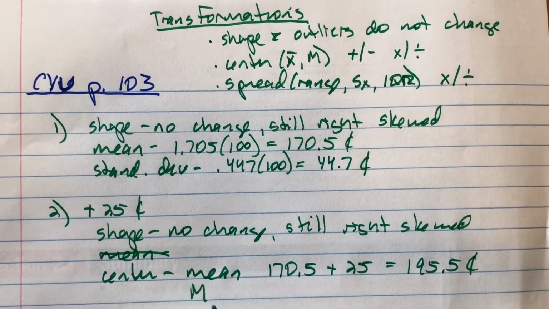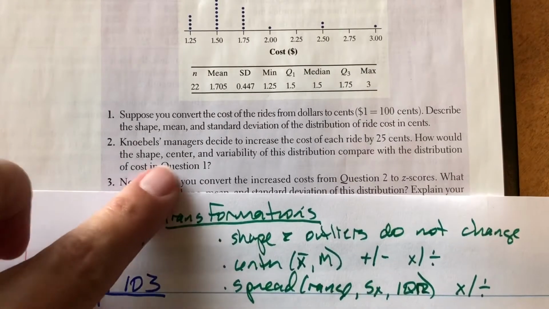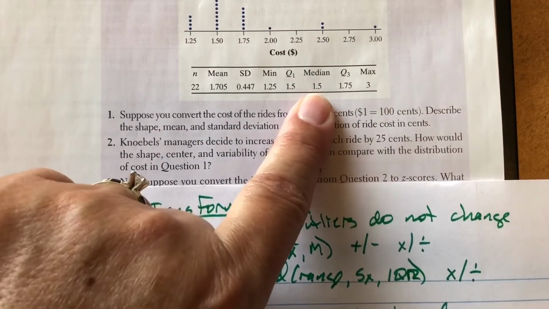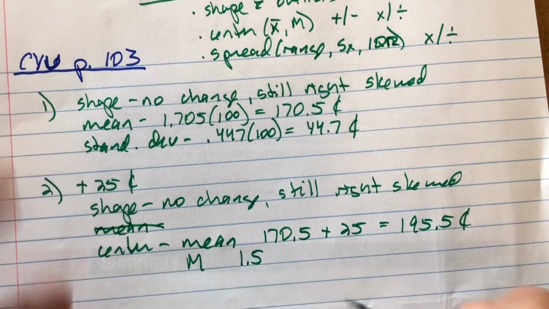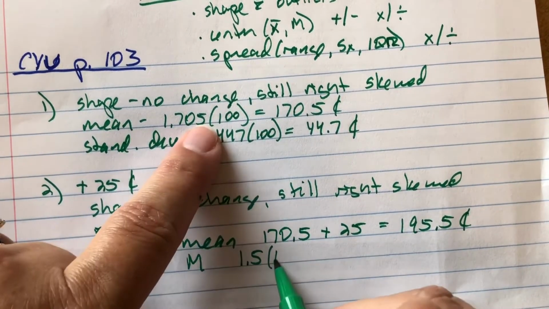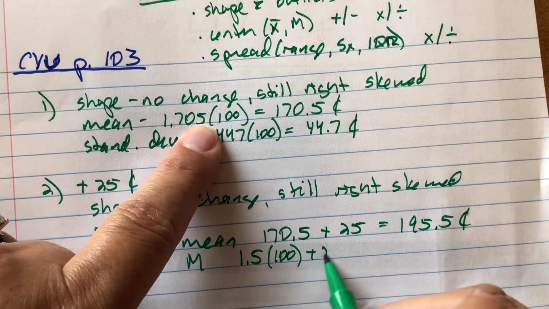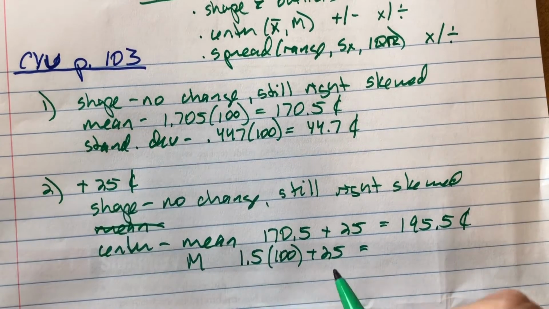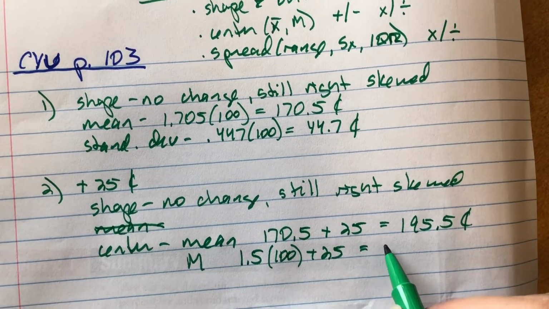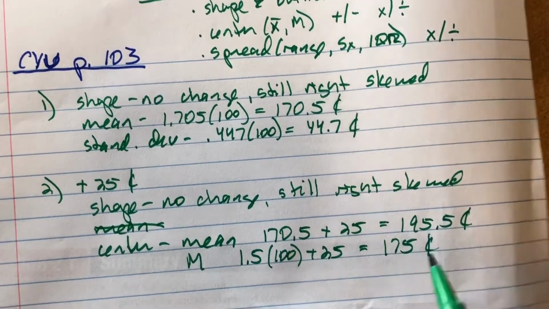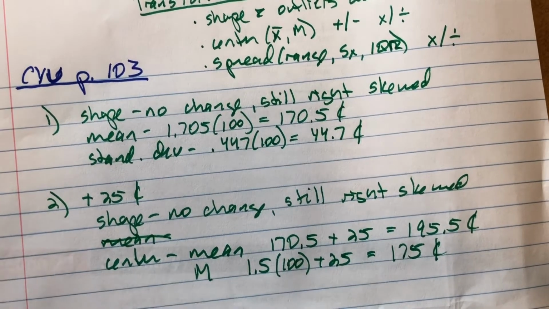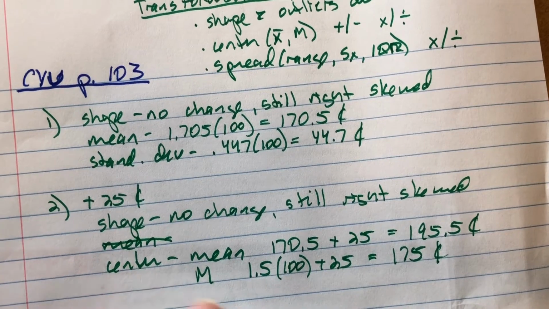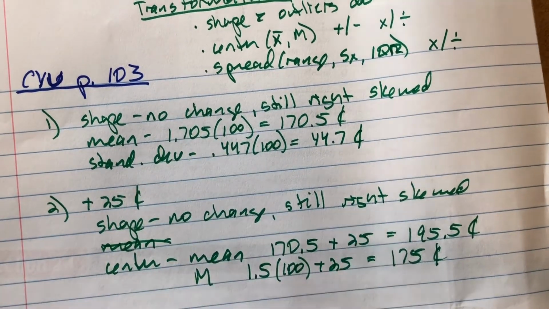If I did the median, since it says center, the median here is in dollars, so I would have to take $1.50, multiply it by 100 from the first one, and add 25. So what's that? 150 plus 25, so that's 175 cents. Okay? So center is always impacted by multiplication and addition.